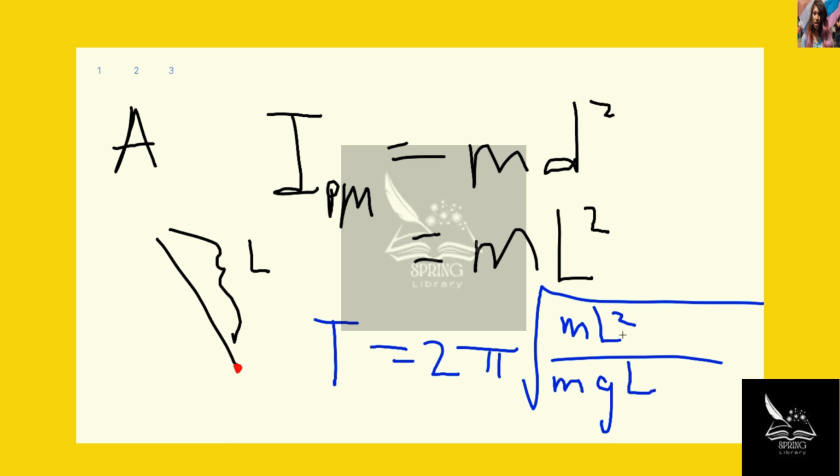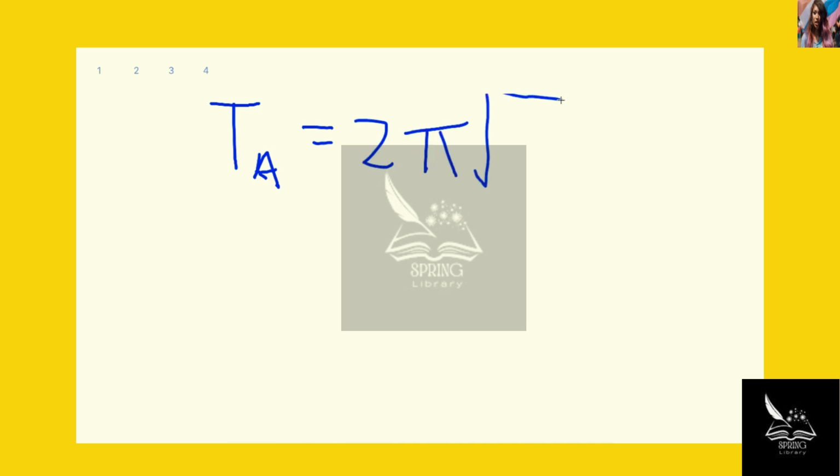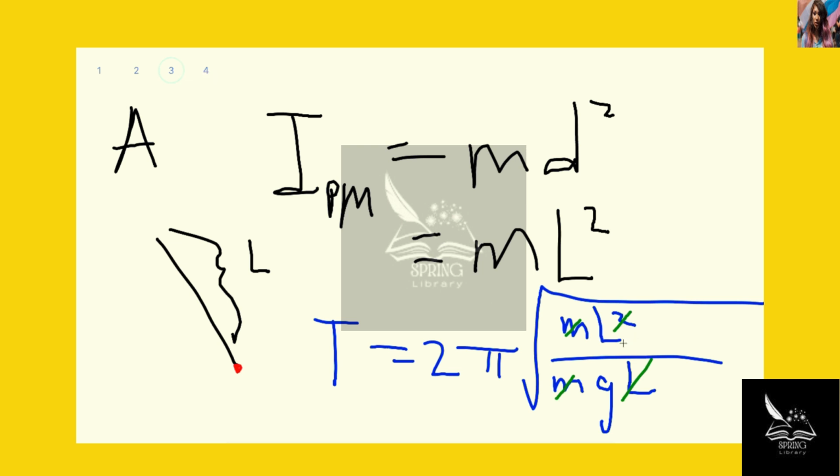So there's an L, and of course we're going to cancel out the masses, so we're left with 2 pi times square root of L. So we're going to call that the period T of A is 2 pi square root of L over g.